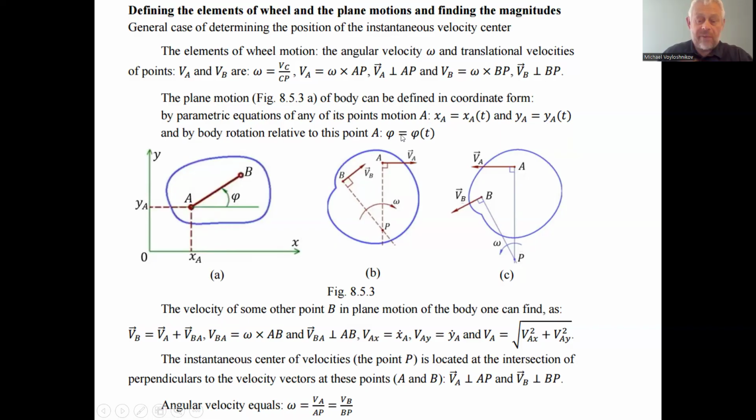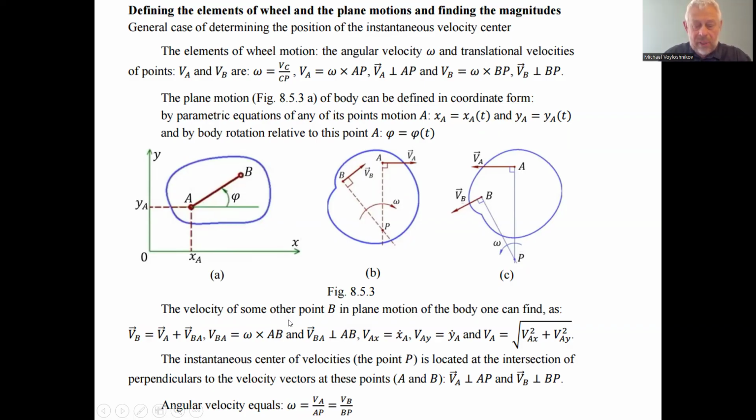The derivative by time of the angle phi is the angular velocity of rotation in the flat motion of the body, and the derivatives of the coordinates xA and yA are the components of the velocity on the axes x and y.